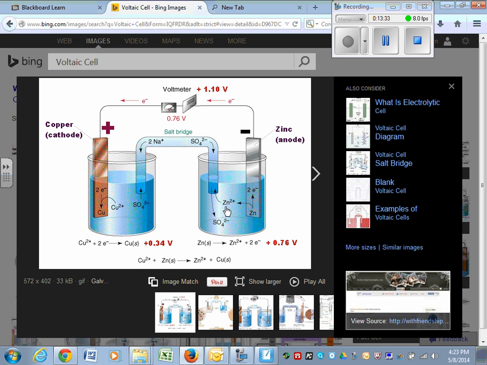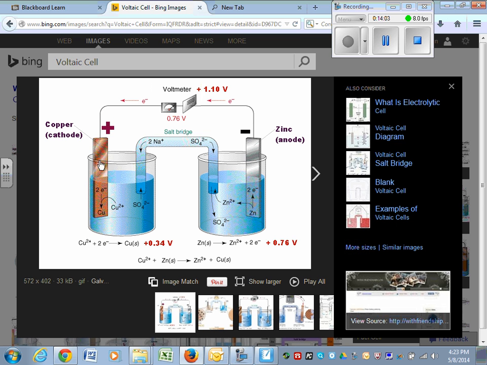The electrons go through the wire, and they go down to the copper, the cathode. Okay, remember anode, anion, negative, cathode, cation, positive. Okay, the electrons go into the cathode, right? Negatives move towards a positive charge. And what's happening on this side is that copper ions from the solution are seeing this negative charge from the electrons.